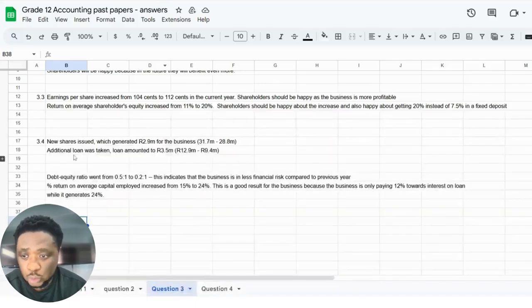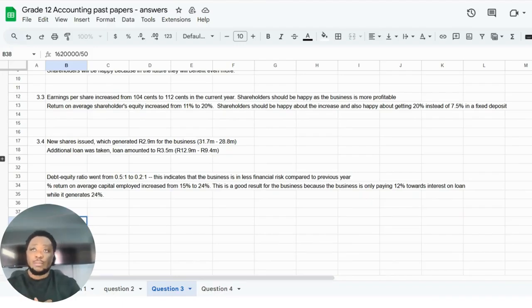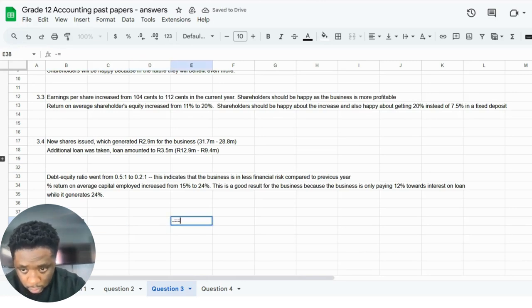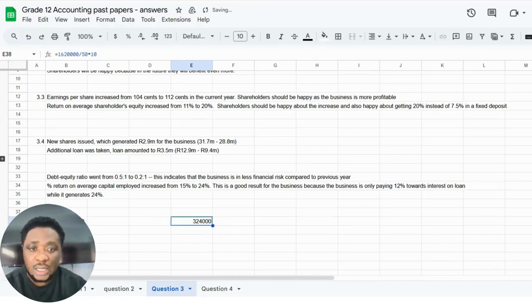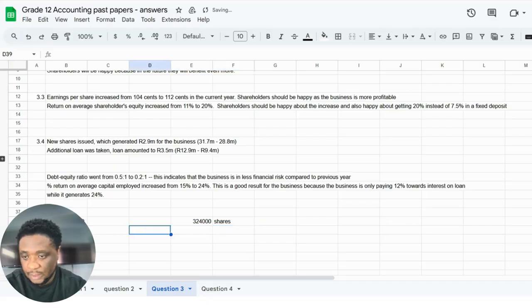So the calculation would go like this: 1,620,000 divided by 50, which gives you the number of 50-share packages that he owns, and then you multiply by 10. To get the answer, this person bought 324,000 shares. So that's the first part of 3.5.